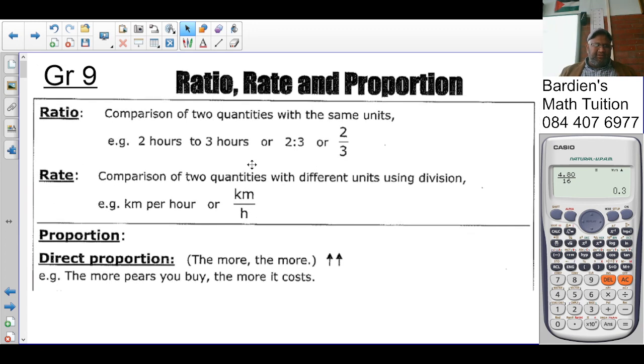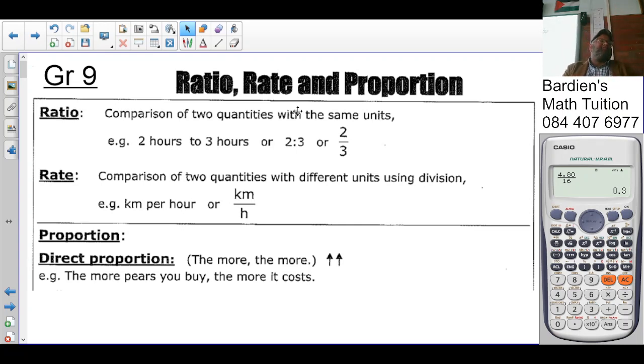So we are told: ratio, rate, and proportion. Here we're adding rate. We haven't dealt with rate in that grade 8 textbook, have we? Yes, we have. We spoke about the coin example: if 10 coins are made in 8 seconds, how long will it take?